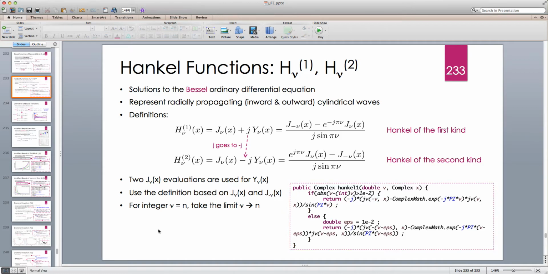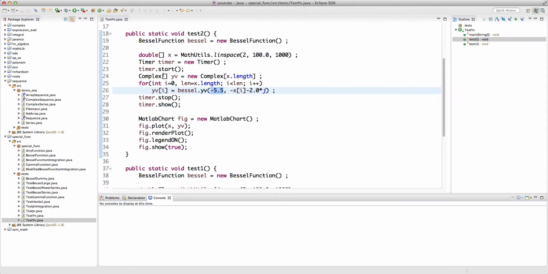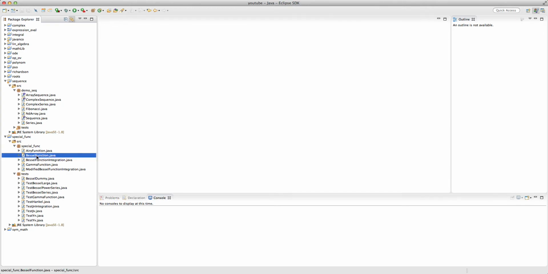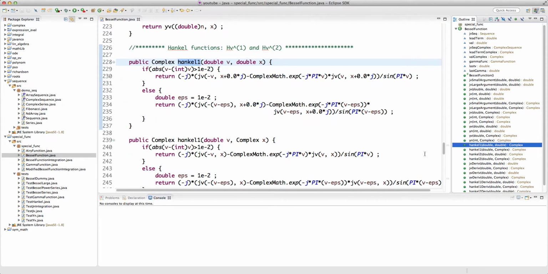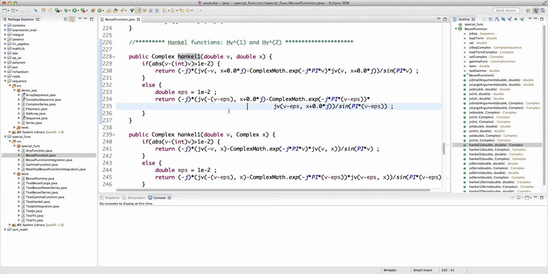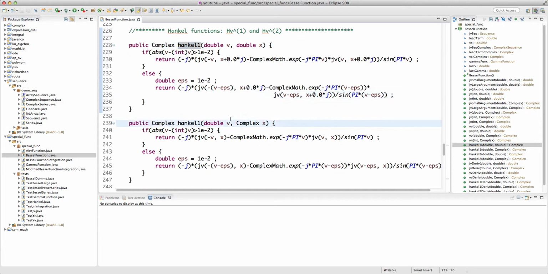All right? So let's go to Eclipse and go to our Bessel function. I have this Hankel 1 and Hankel 2, and Hankel 1 when x is double. Again, the implementation is exactly the same for double and complex, because our J nu doesn't care if x is real or complex.